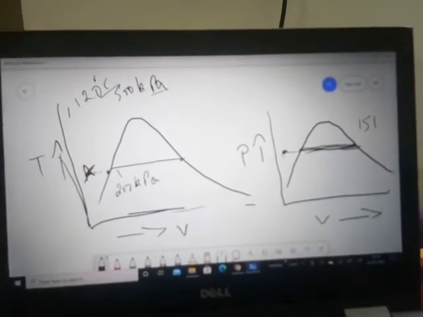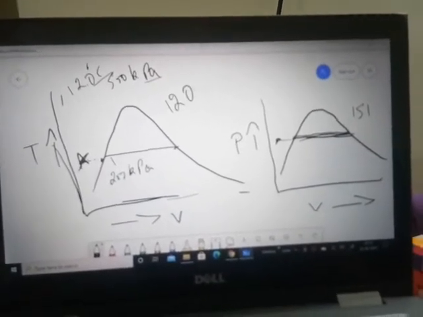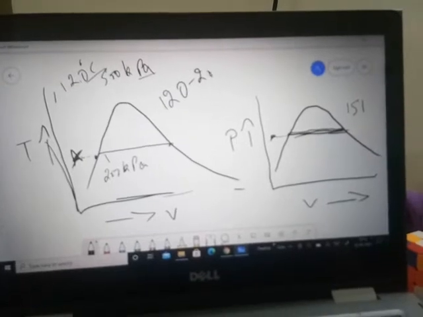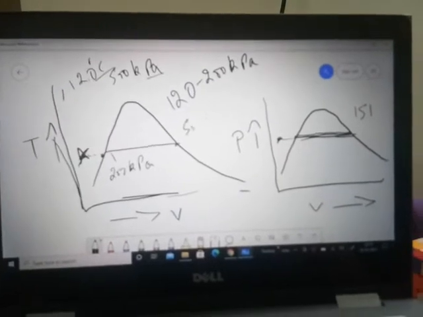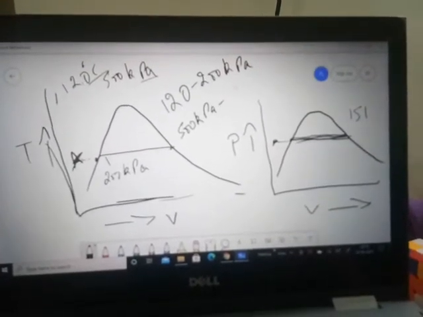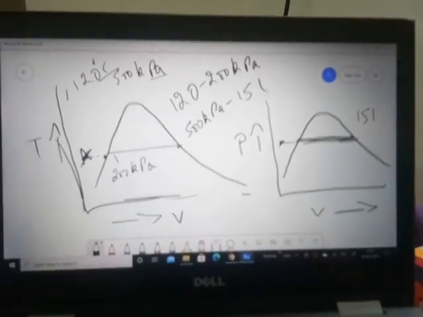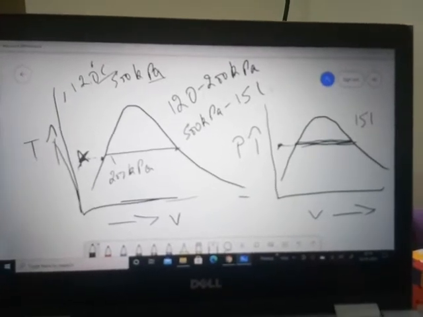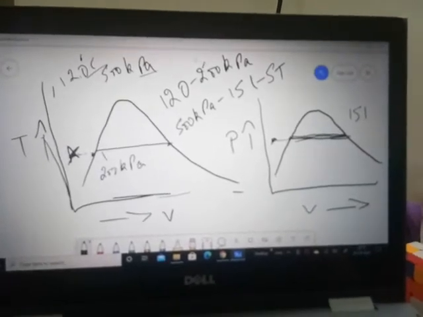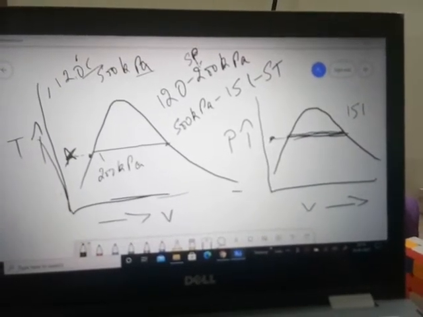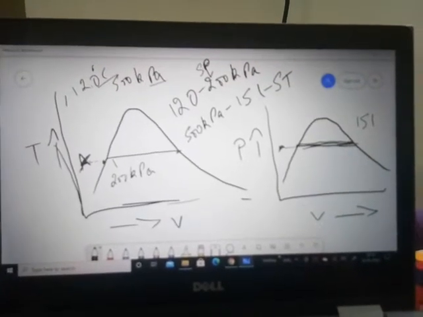So let's write it again. For 120 degrees, the saturation pressure is around 200 kilopascal. And for 500 kilopascal, the saturation temperature is around 151. So the temperature is lower than the saturation temperature.